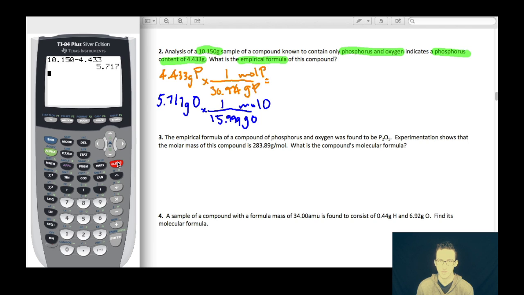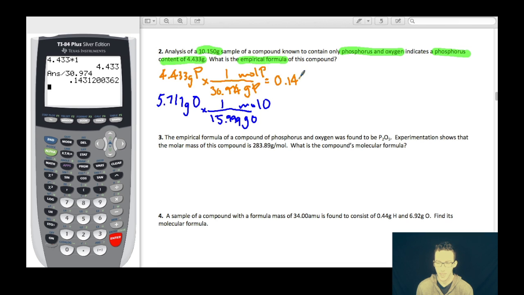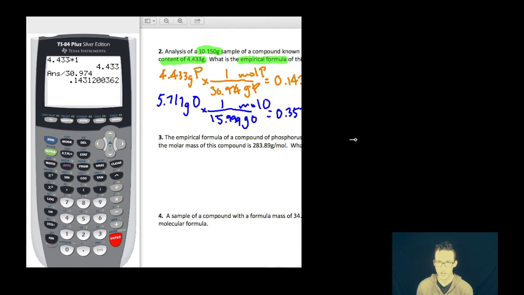If we plug this into our calculator here, 4.433 times 1 divided by 30.974, we get 0.1431 moles of phosphorus. We do that same thing with oxygen, and we get 0.3573 moles of oxygen.